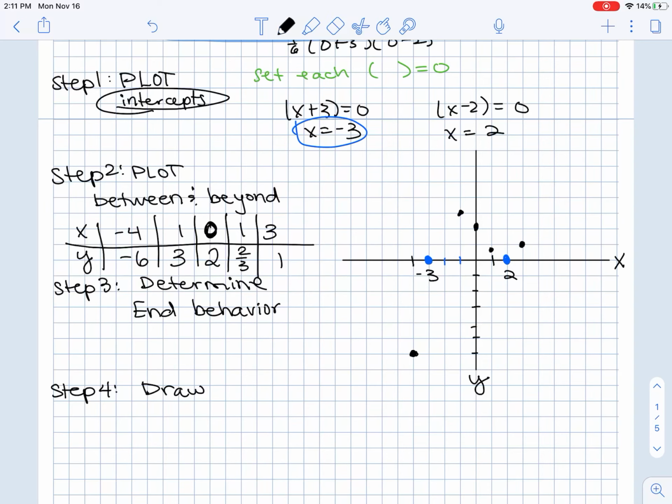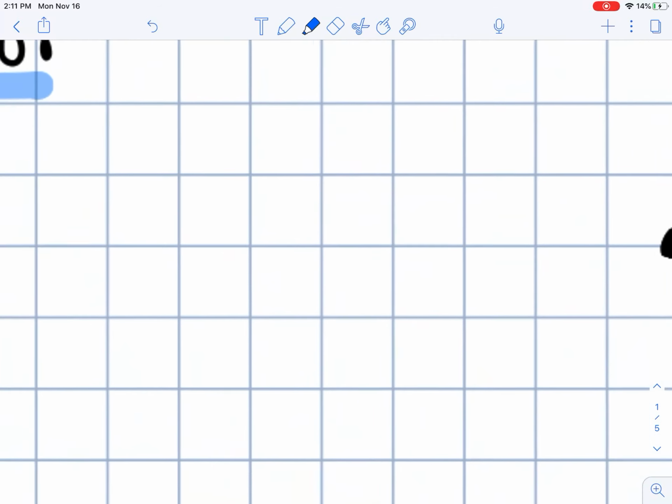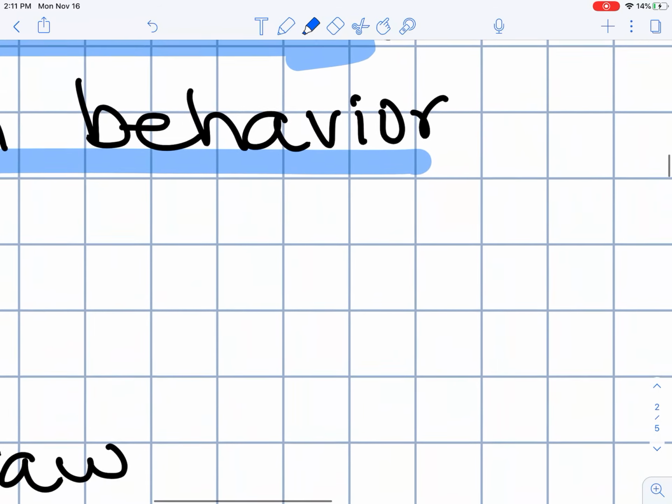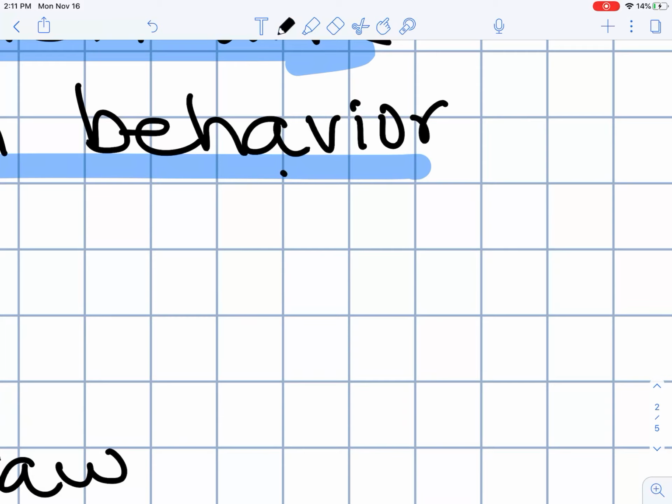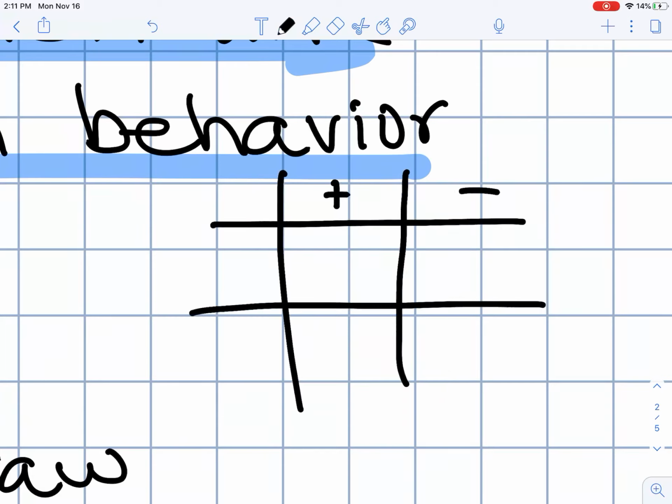And then my third step is I'm going to determine the end behavior. So remember that chart that I showed you last section, where we have positive and negative leading coefficients and even and odd degrees.